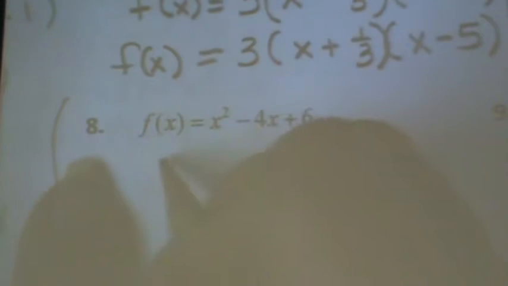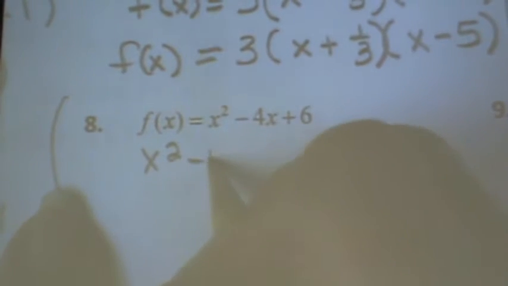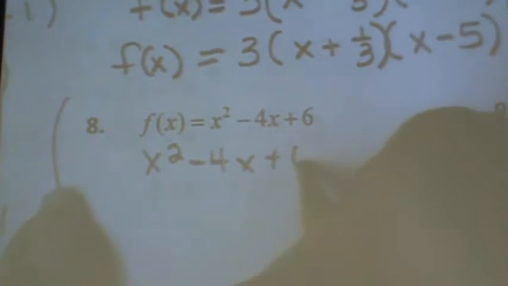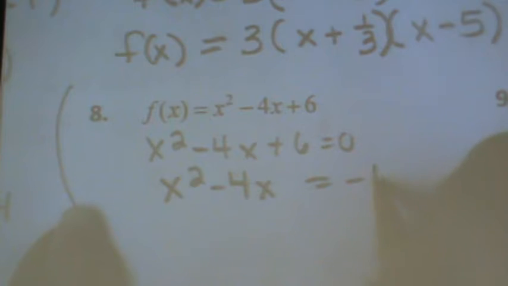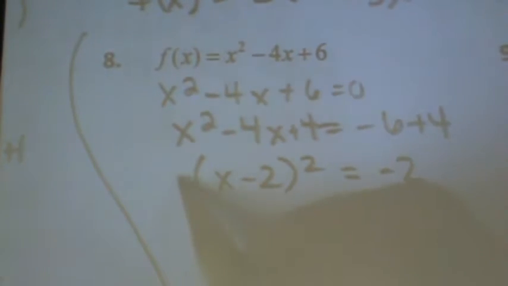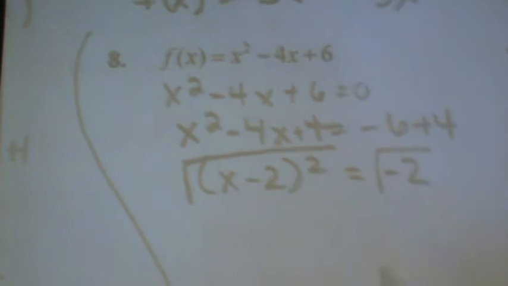Next one, let's find the x-intercepts. So x squared minus 4x plus 6 equals 0. When you subtract 6, you're going to see something interesting. You get negative 6. Half of this squared is 4. You're going to add 4 to both sides. But when you factor this and add these, you get negative 2. When you take the square root, you get a negative number.